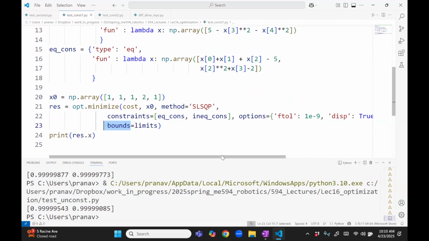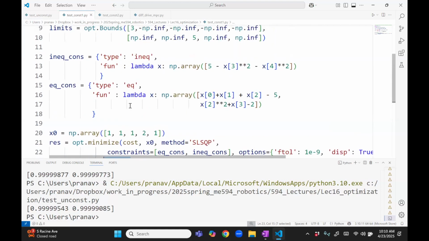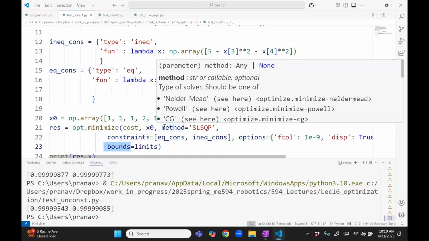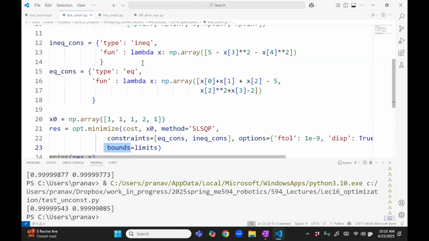Then we have constraints. I've split them into equality and inequality constraints, but really you can mix them up. SLSQP does not really require them to be differentiated. I split this up just for my own purposes. So here we have equality constraints. Oh, by the way, I'm sorry, it actually wants you to specify equality and inequality constraints separately so that it can deal with them.